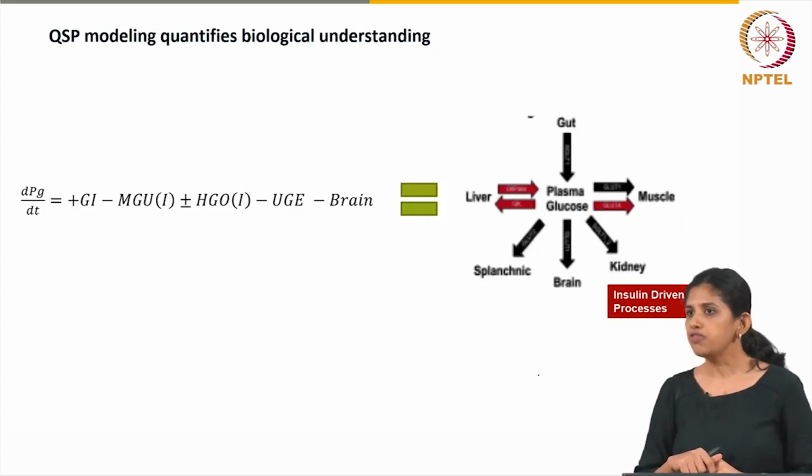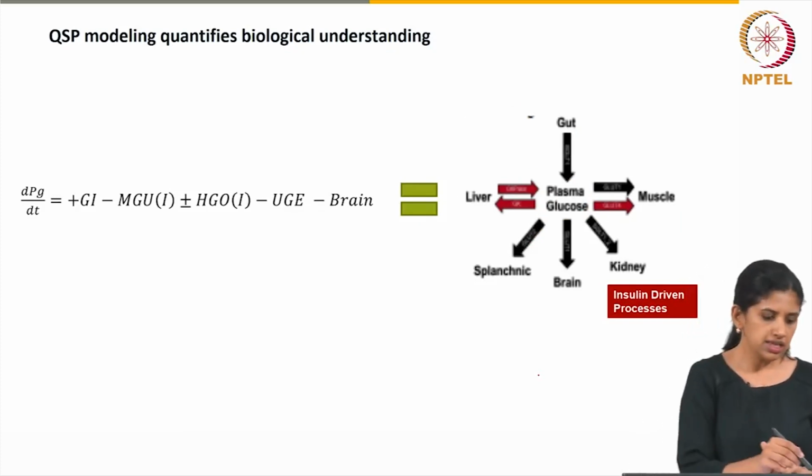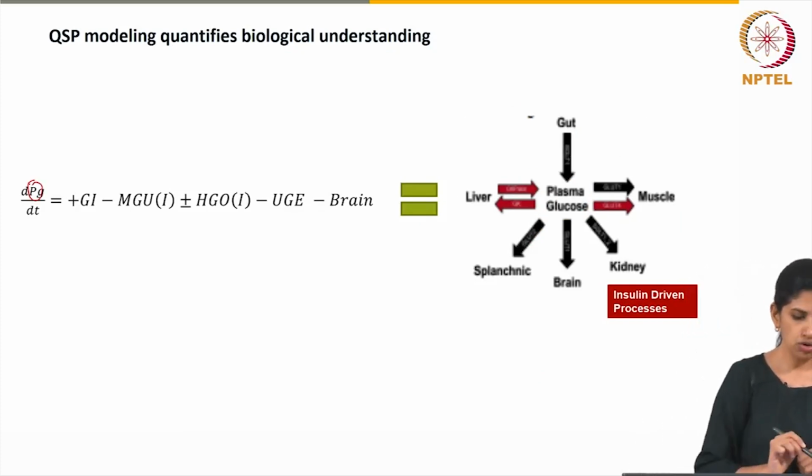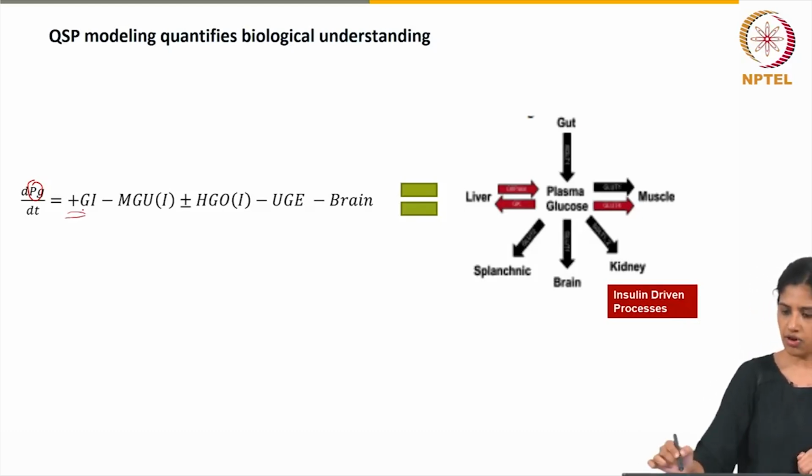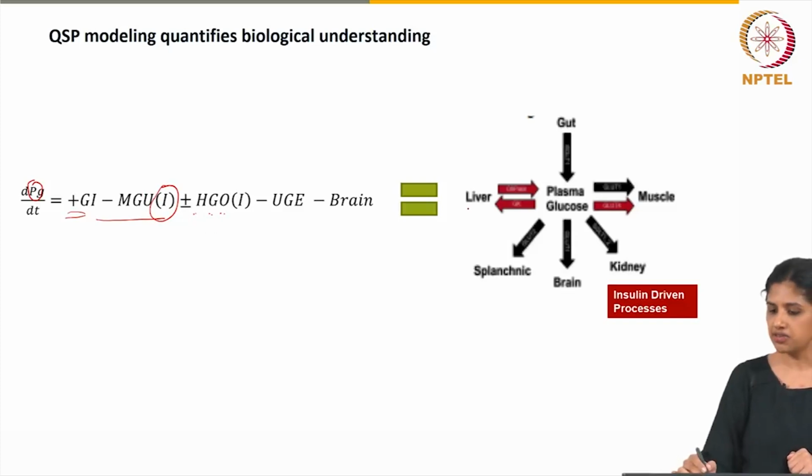You can write a simple flux balance equation. You can say the rate at which plasma glucose changes with time depends on how much comes in from the gut or the gastrointestinal tract, how much is taken up by the muscle, which is a function of insulin. HGO is hepatic glucose output. Hepatic is anything concerned with the liver.